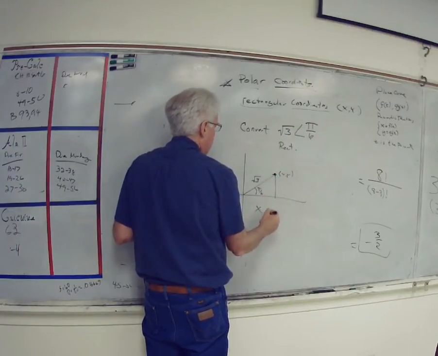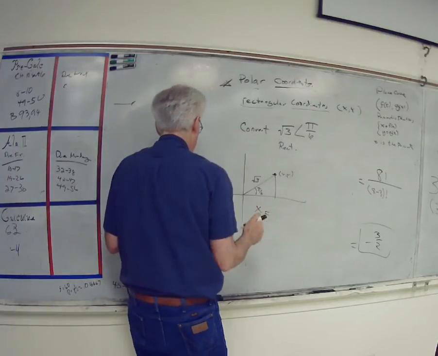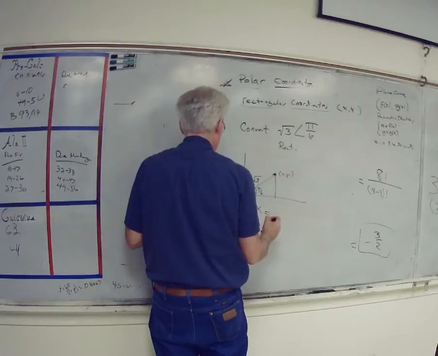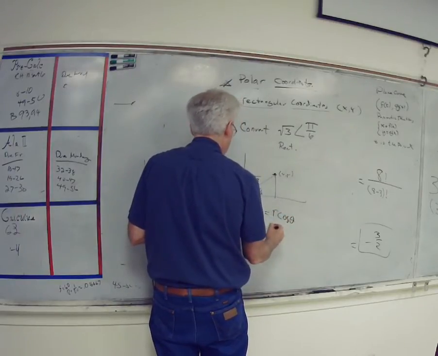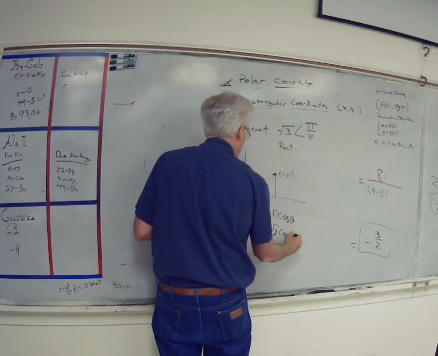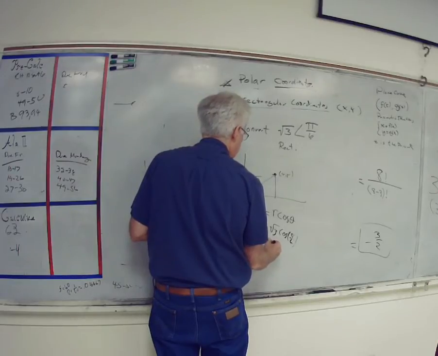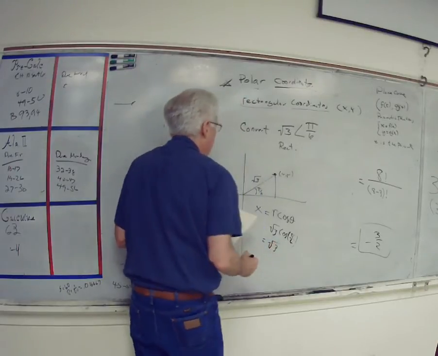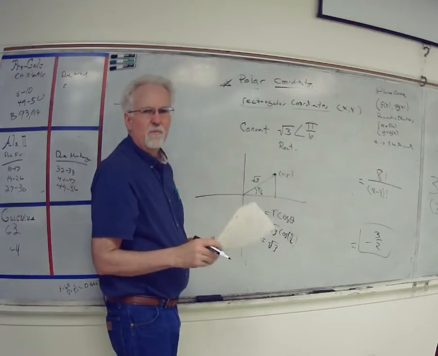Tell me what x is. Okay, x is going to be r cosine of theta. Always write it down. R is the square root of 3, and then cosine of pi over 6. Somebody tell me what the cosine of pi over 6 is. Don't put it in the calculator.